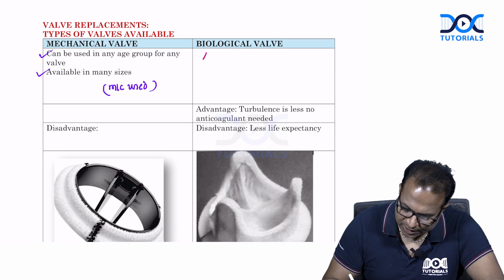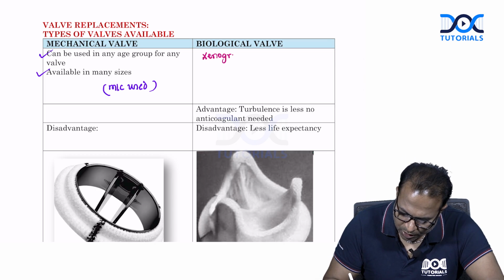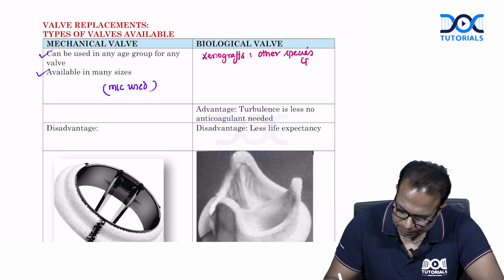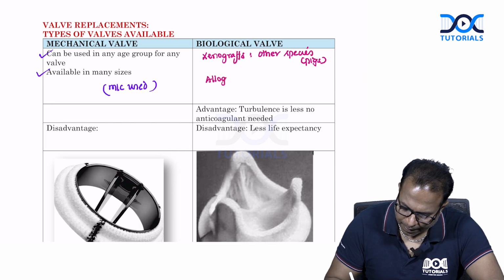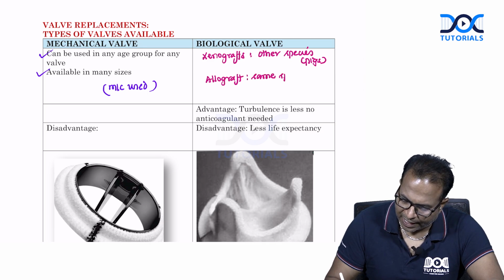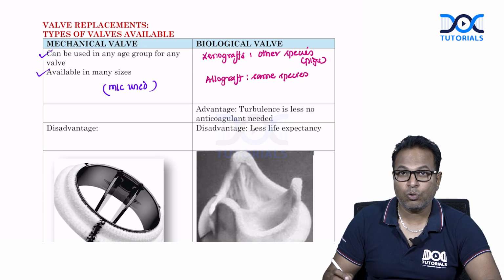Biological valves or xenografts are also commonly used. Xenografts are taken from other species, usually from pigs. Or we can use an allograft. Allografts are from the same species, from a cadaver.